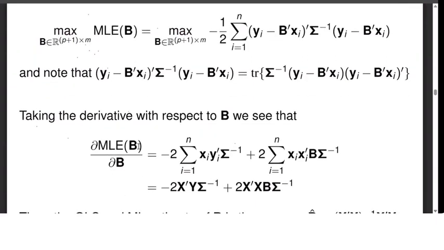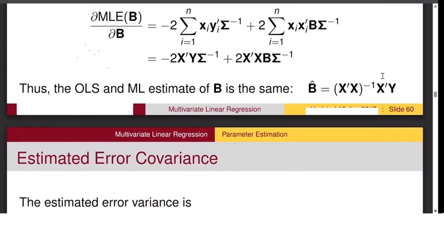I'm differentiating with respect to b, then you set to 0. At the end of the day, you're also going to have this. Of course, you can see for OLS, we also derive this. For maximum likelihood, we also derive this. So the OLS and the maximum likelihood technique will give you the same expression. Is there any question on this? Okay. Now, because of my time, I actually want to move on.